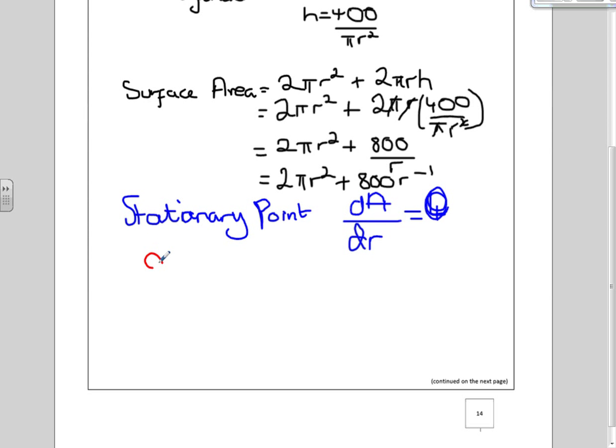That would give us dA by dr equal to 4 pi r minus 800 r to the minus 2. We want to find where this is equal to 0.